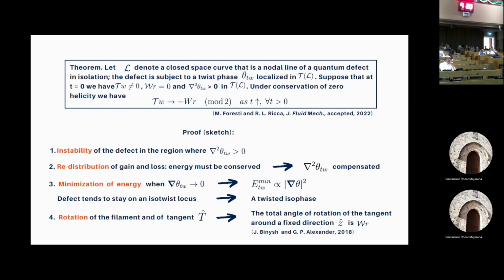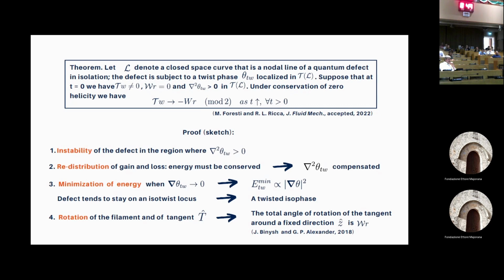So the vortex tends to stay on an isotwist, an isophase twisted surface. And this produces coil. Why? Because, and this is the main part of the theorem, during the destabilization, the filament tends to rotate, and also within it, the tangent T.